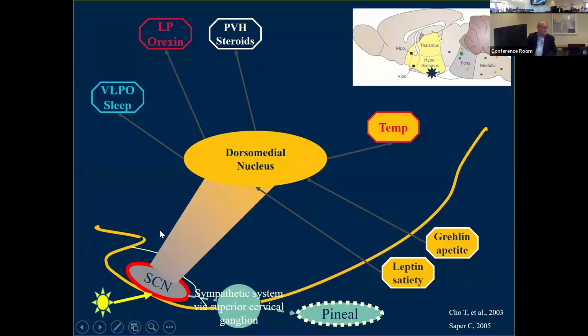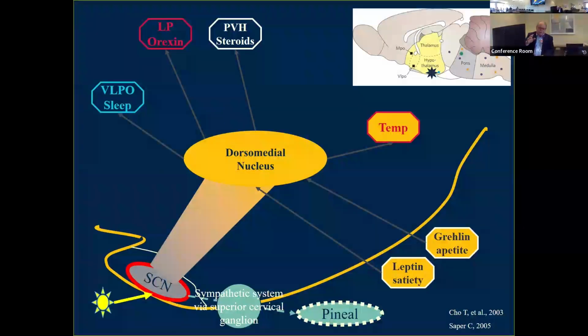It's not actually in terms of anyone doing anything clinically. But you can see that it also works on orexin and VLPO for sleep, which we talked about yesterday, paraventricular hypothalamus, steroids, temperature regulation, appetite, satiety. And so it has a whole set of distributions.